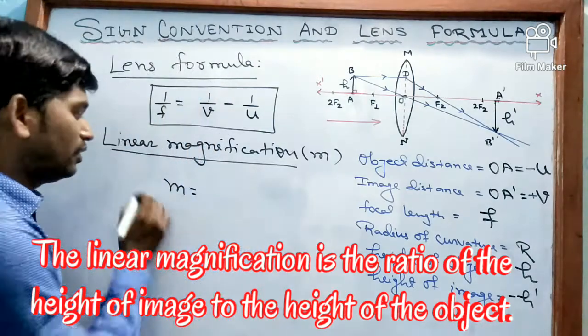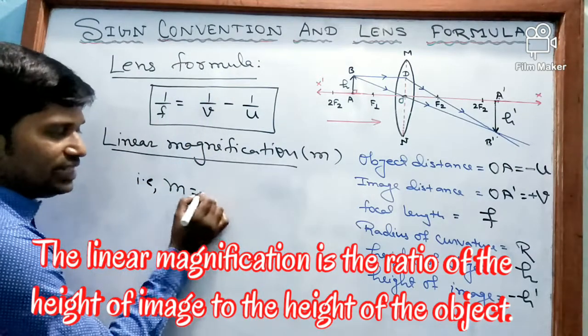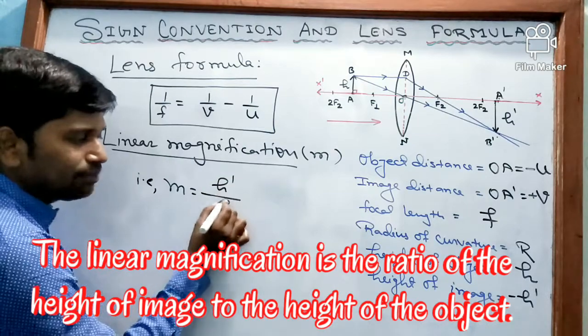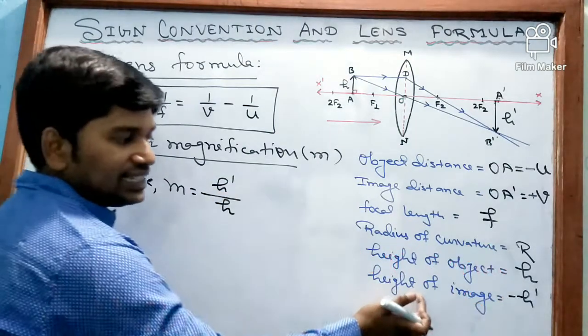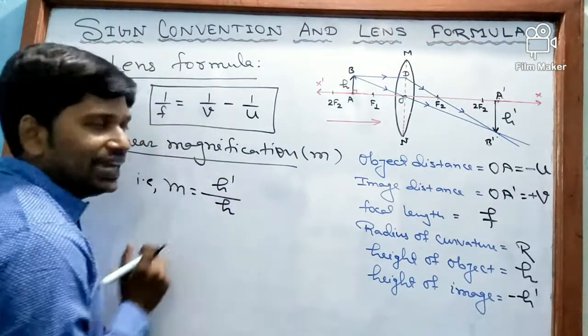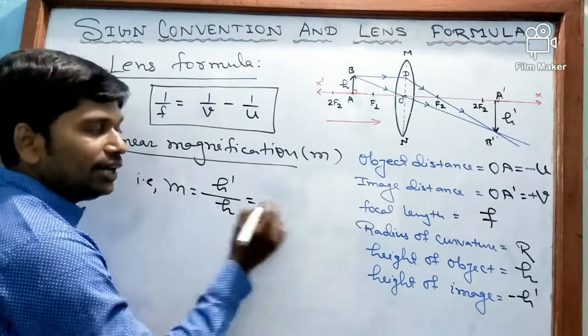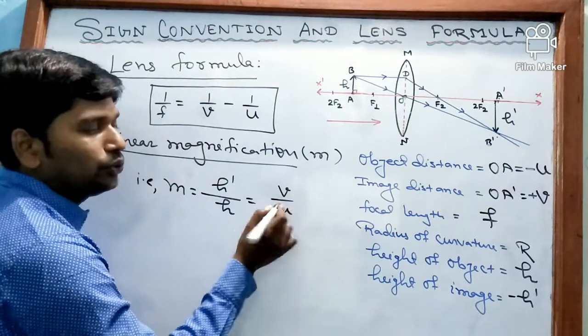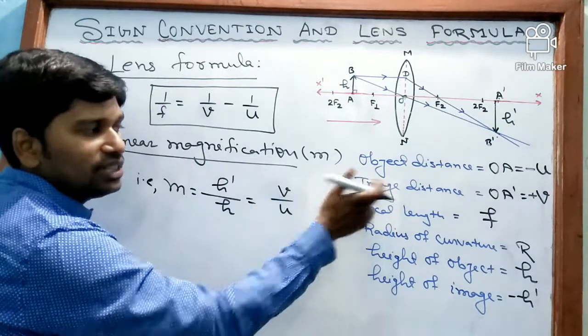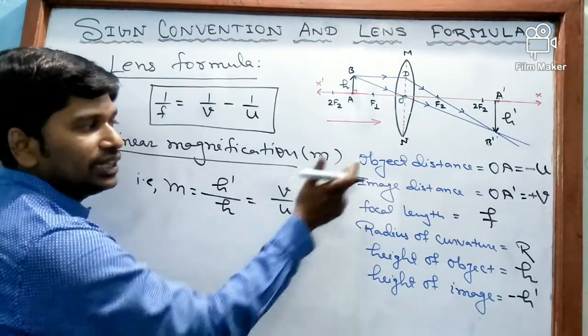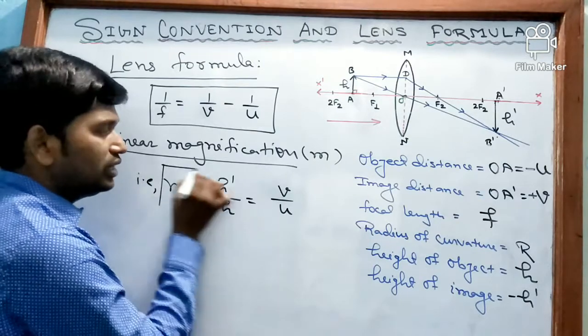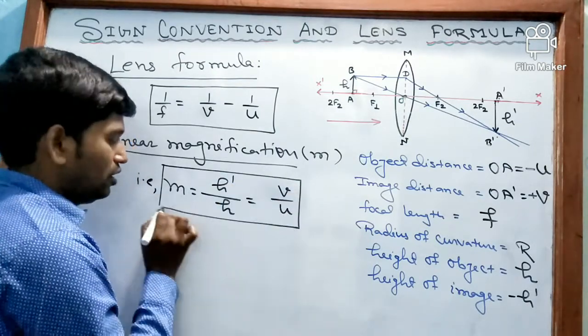That is, we can write m equals h dash by h, where h dash is the height of image and h is the height of object. We can also write linear magnification equals v by u, where v is the image distance and u is the object distance. So this is the relationship.